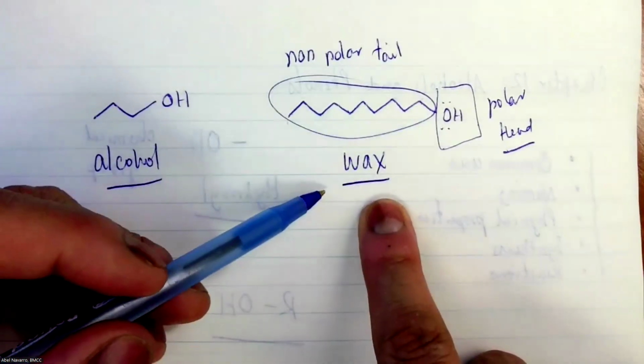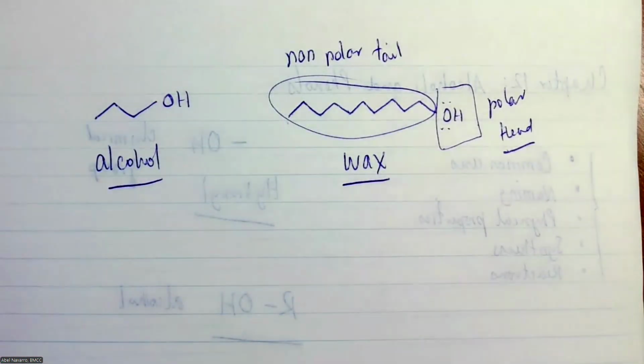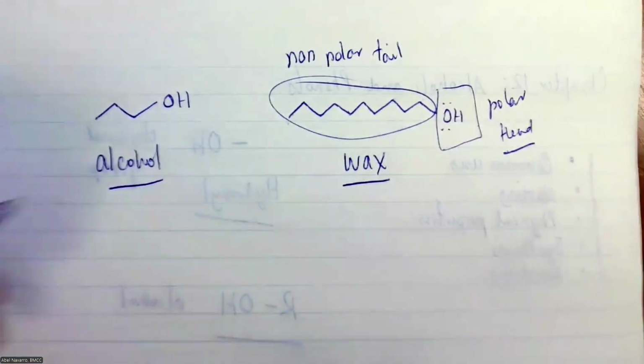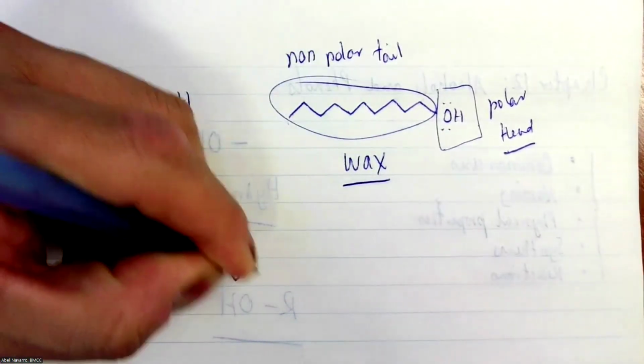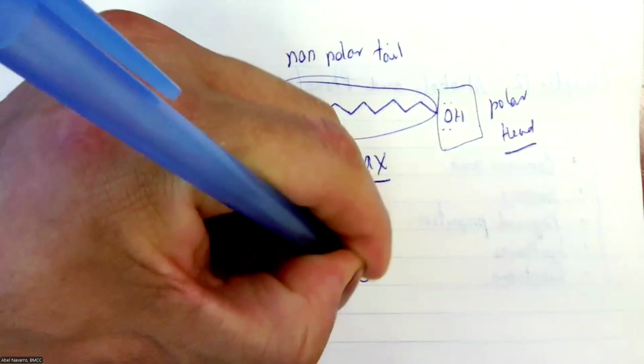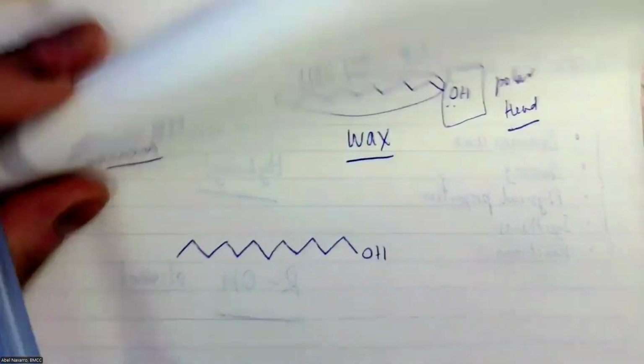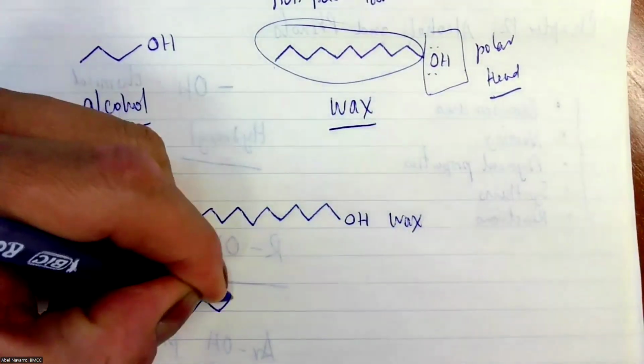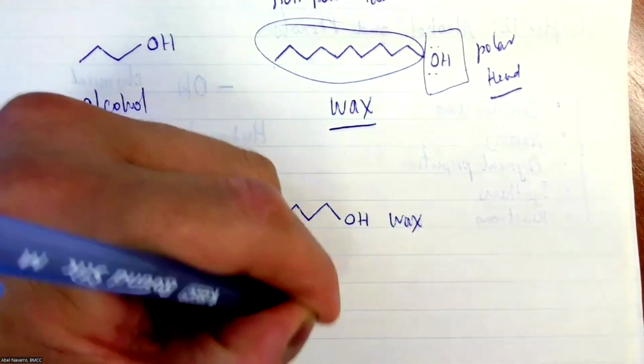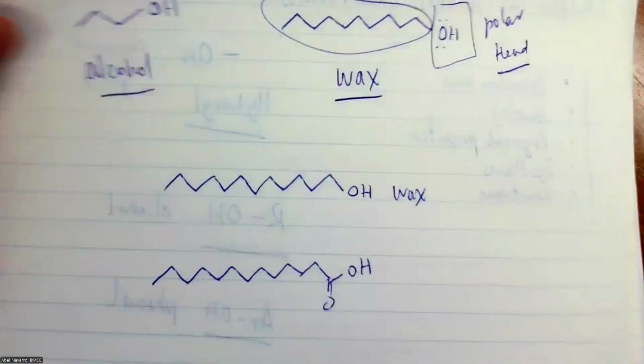Professor, are waxes detergents? They could be. They don't use them, but there is a big difference. This one is a wax, and there is something that is different, well, not totally, but yeah, this one.